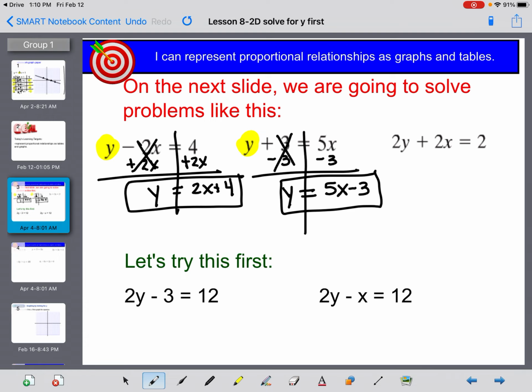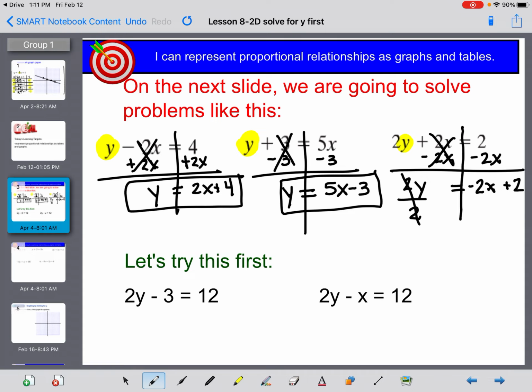How about this last one? This last one looks a little tricky, doesn't it? This one, I see that y is right here. I need to get rid of this plus 2x to begin. So I'm going to write 2y equals -2x plus 2. Y still is not by itself, so I divide both sides by 2.